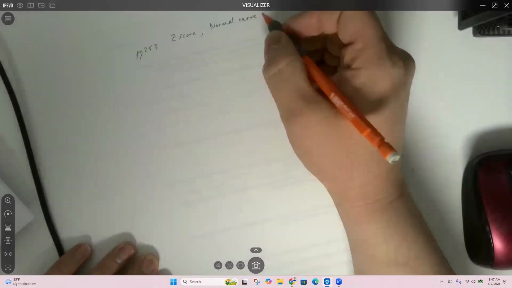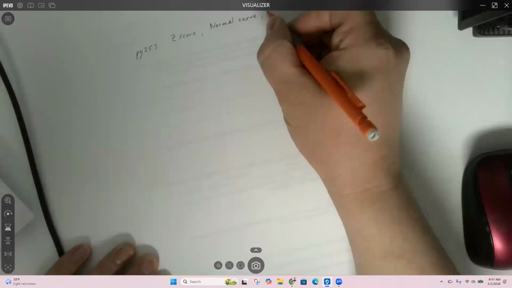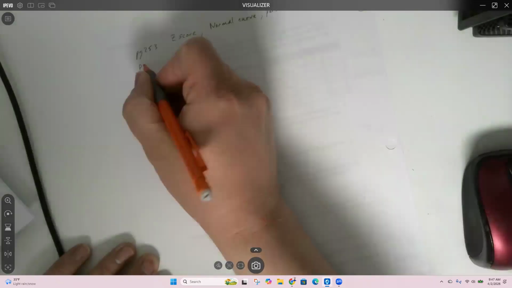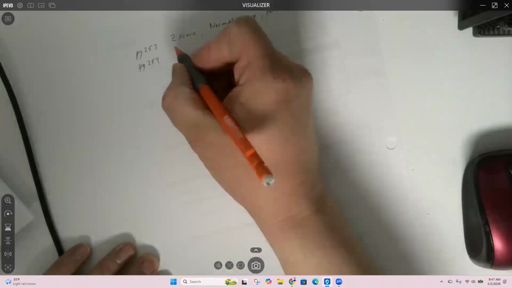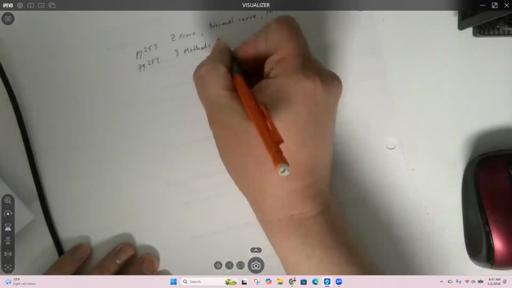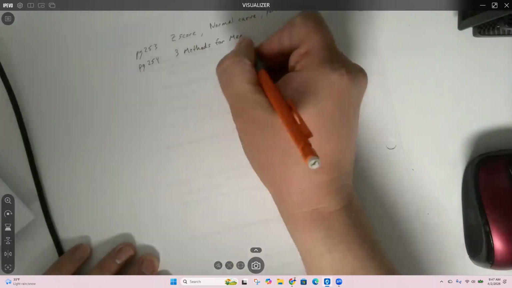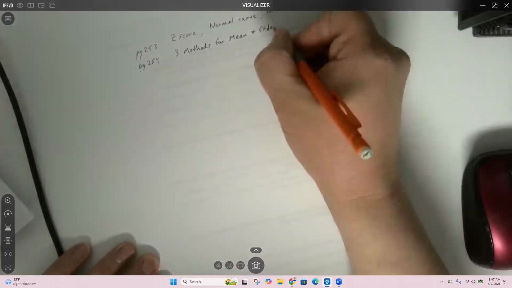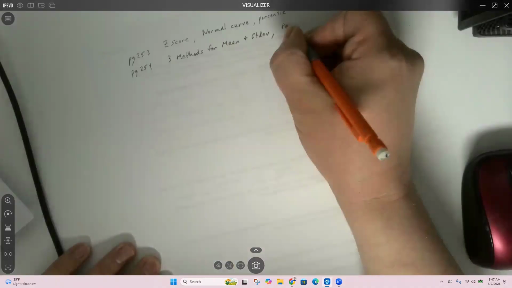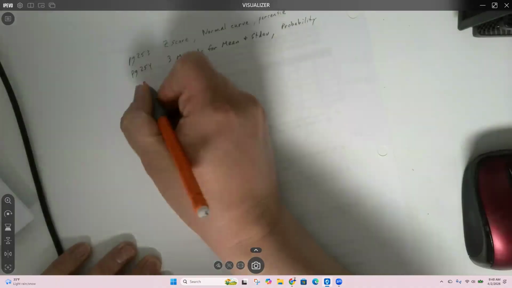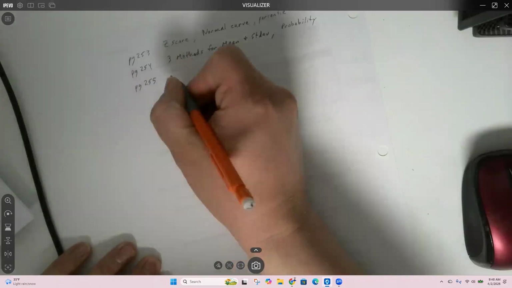What else is there? There's percentile stuff, right? Page 254, we just looked at, that was the three methods for mean and standard deviation. And then it was also probability, right? Page 255, that was all the linear regression stuff.